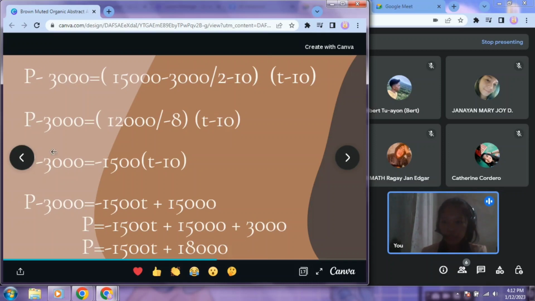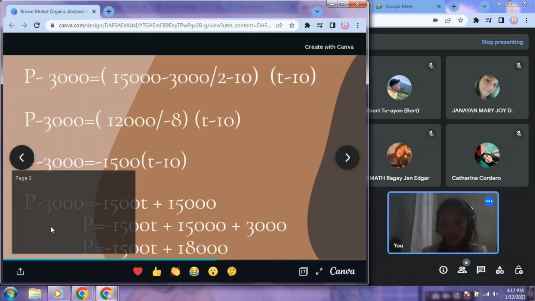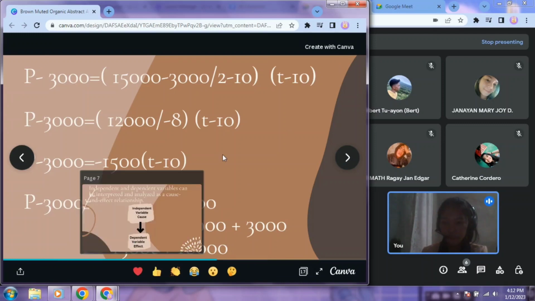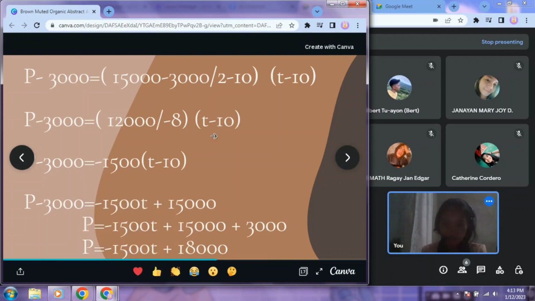P minus 3,000 equals negative 1,500 times T minus 10. Then P equals negative 1,500 T plus 15,000 plus 3,000.